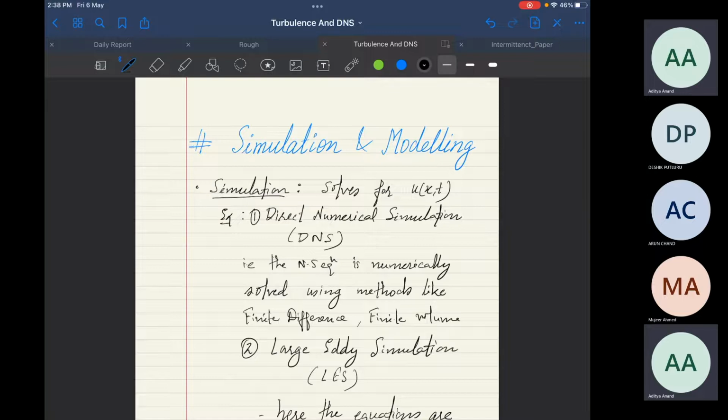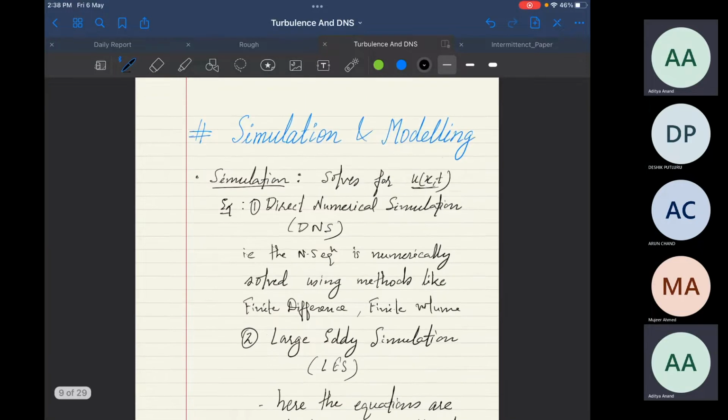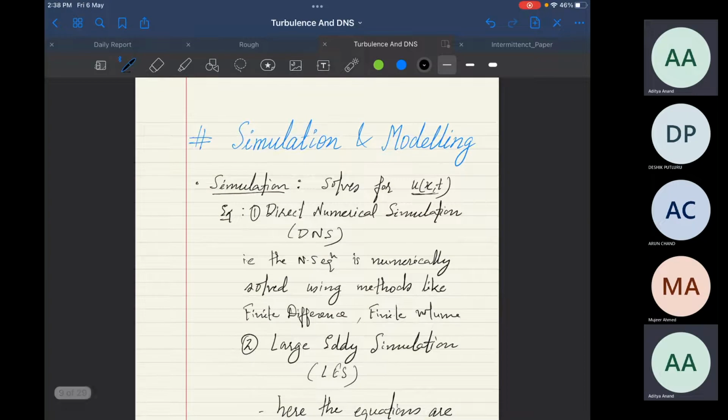What simulation actually means is that you're solving for your instantaneous velocities for all positions in time, while the modeling term is used when you actually model the Reynolds stress term and solve only for the mean velocities.